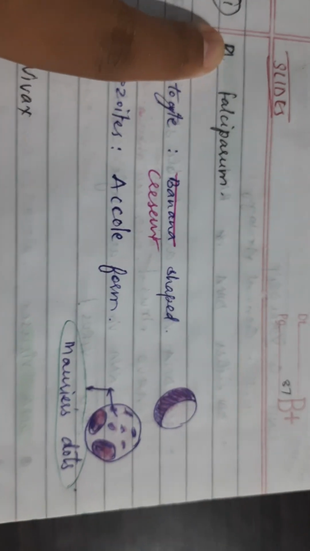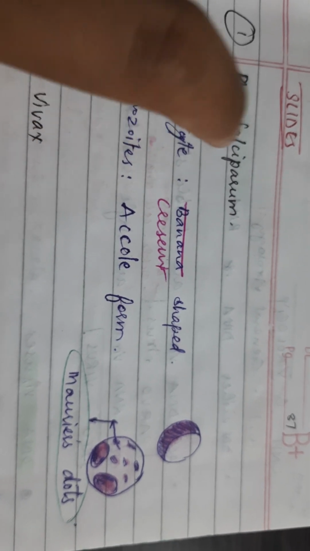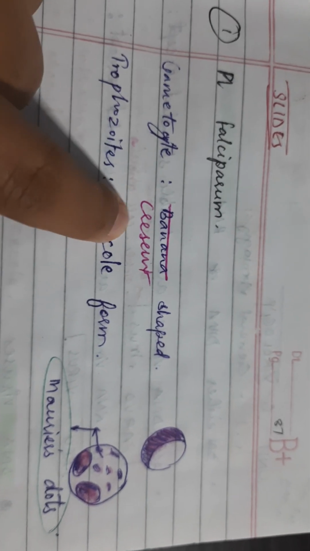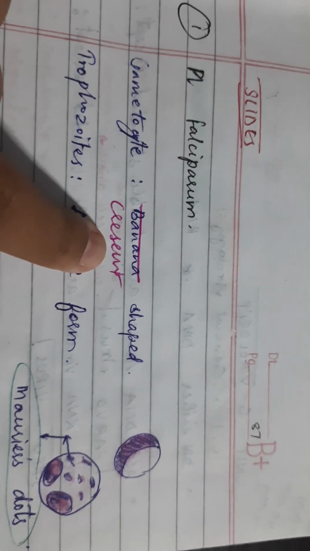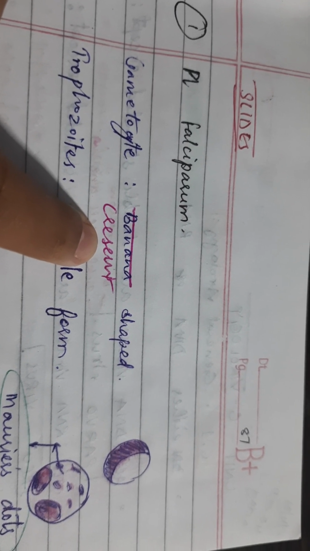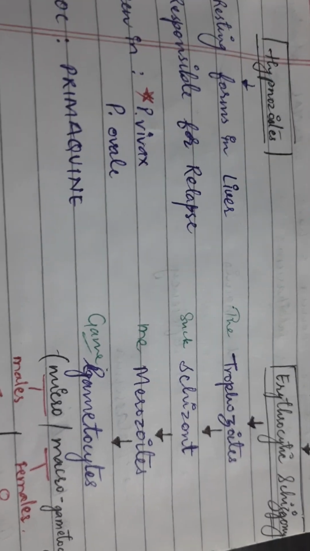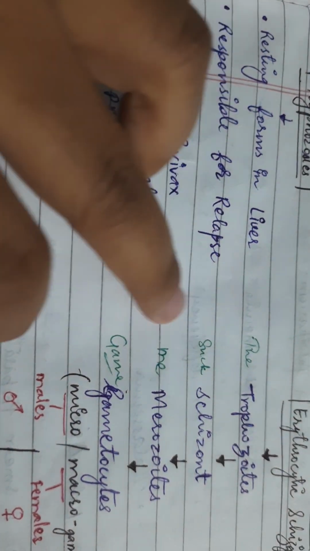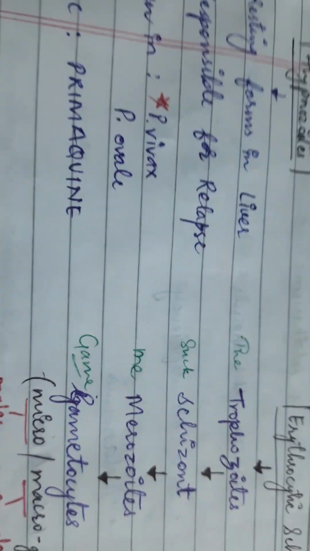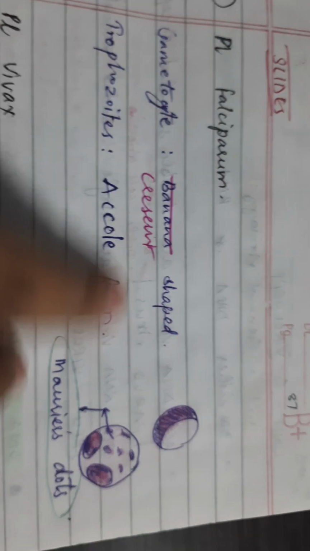The gametocyte enters the mosquito from our body when it sucks blood. So gametocytes are seen like this.